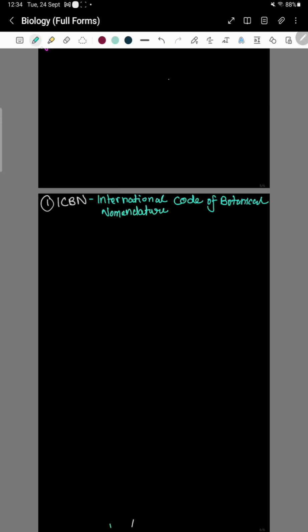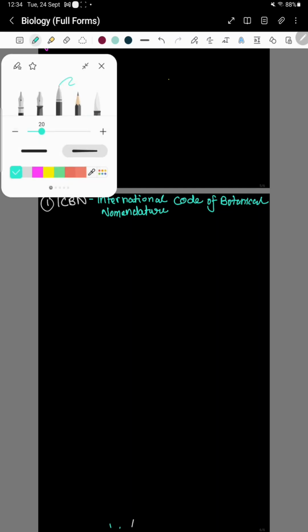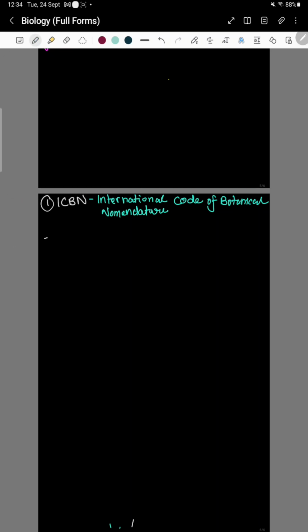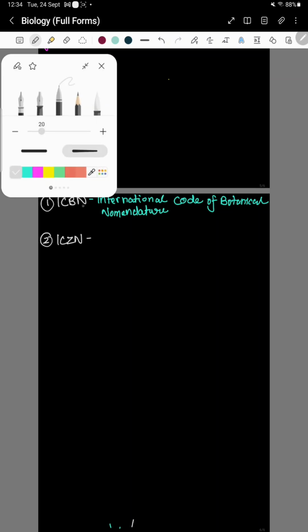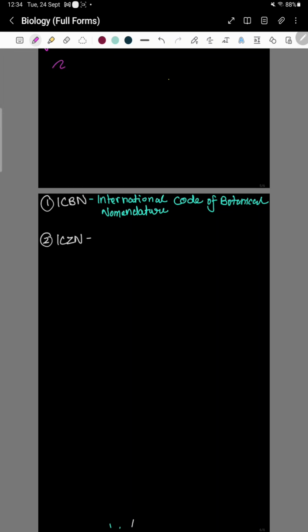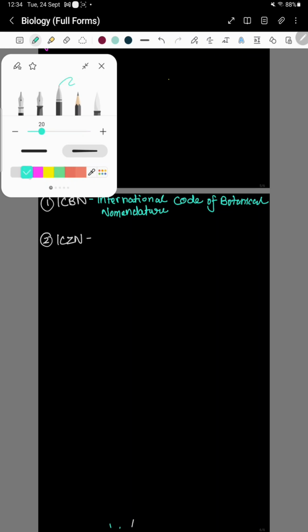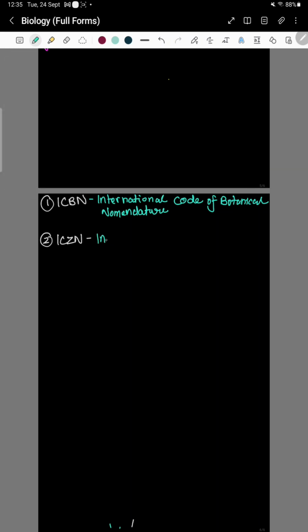Second, ICZN, the full form is International Code of Zoological Nomenclature.